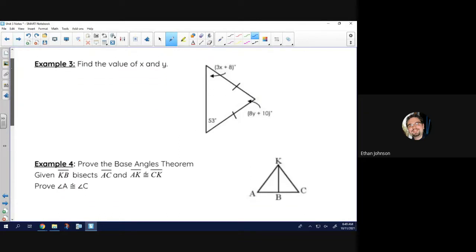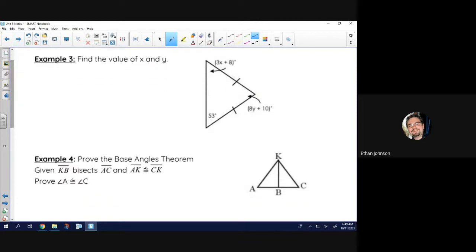Example 3. Once again, find the value of x and y. Well, this is another problem with two variables. Let's see if we have to do that intermediary step again. So I know the angles across from our two congruent sides are congruent, meaning 3x plus 8 equals 53.